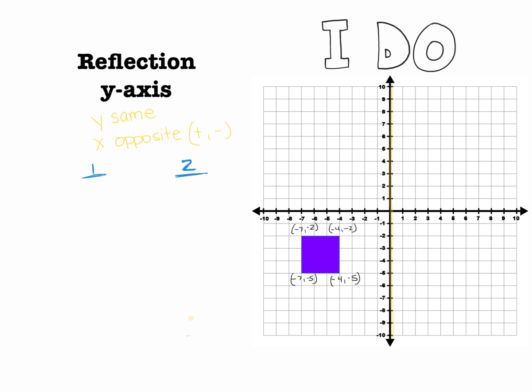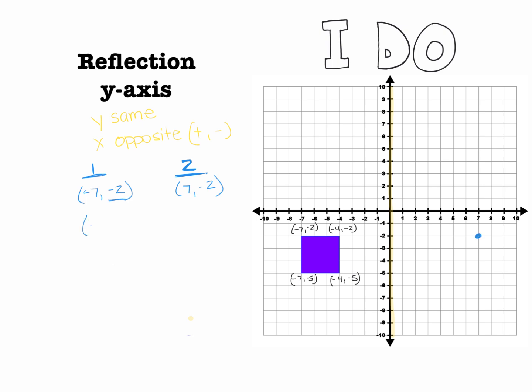Okay, so let's start with the coordinates over here. So the first coordinate of the first shape is -7, -2. We are keeping the y coordinates the same this time. So the first coordinate will change to a +7 and a -2. So we have +7, -2.